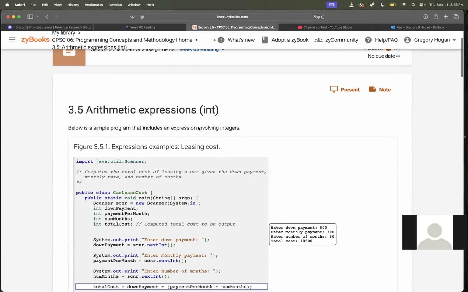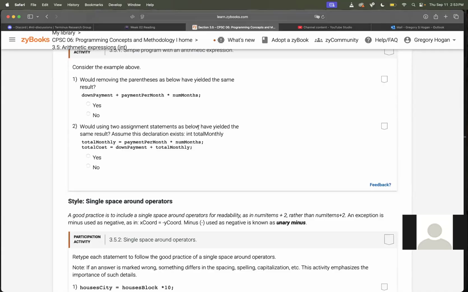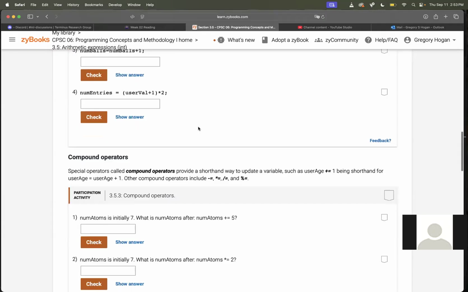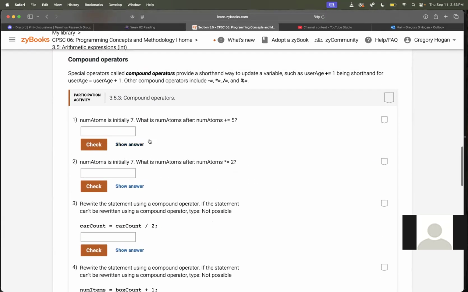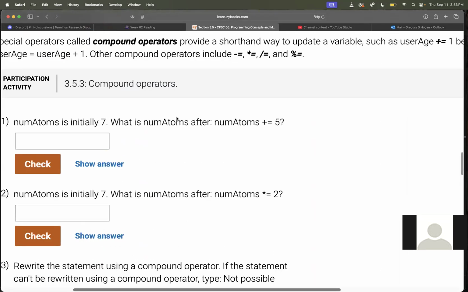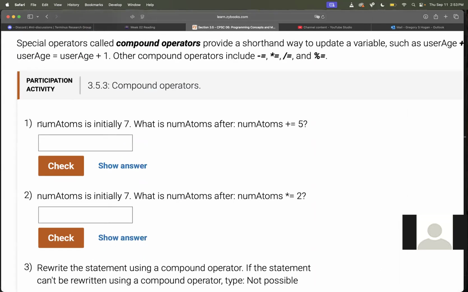Arithmetic. Let's just scroll a little bit through here and see what we have. This is teaching us the thing that I already mentioned. So if num atoms is 7, what happens with this? You have to understand this notation, right? So plus equals means add 5. If you add 5 to 7, you're going to get 12.